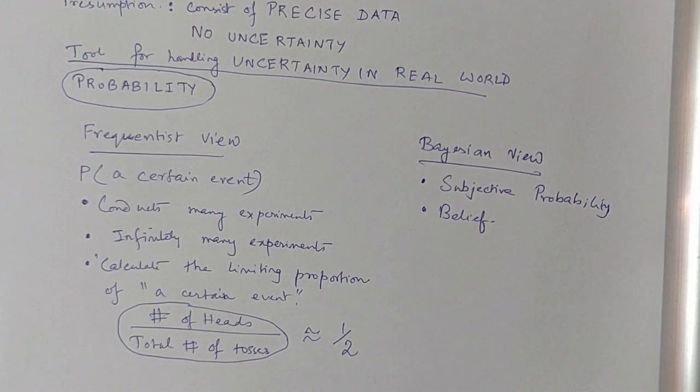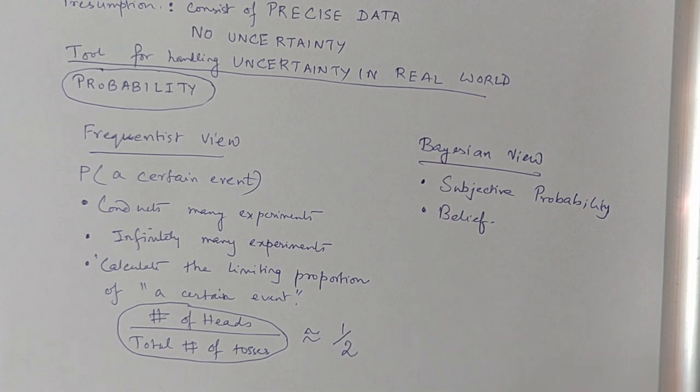For example, if I ask you, in this election, will this party win? What will you do? You will do infinite elections, or you will see infinite elections and then tell me the result. According to the frequentist view, we cannot do that.